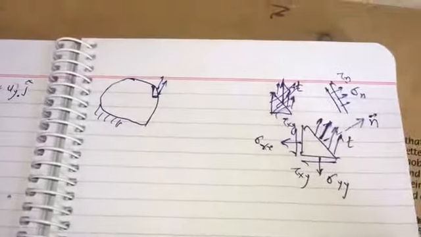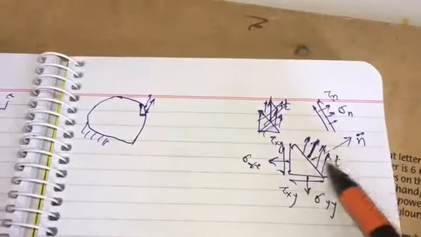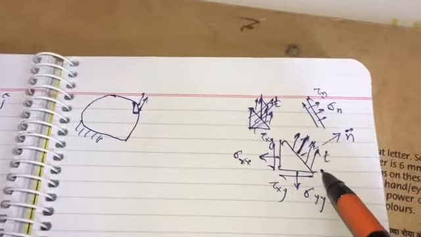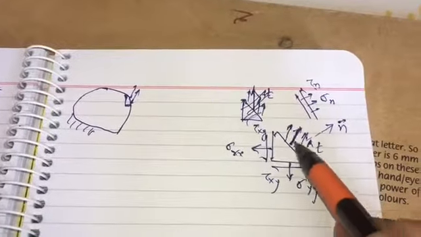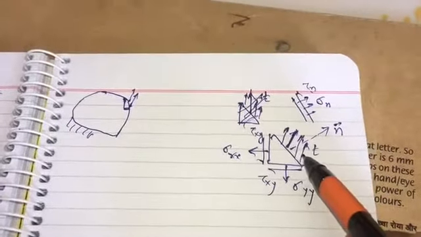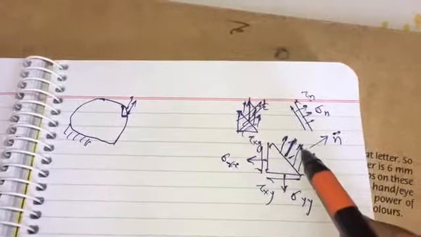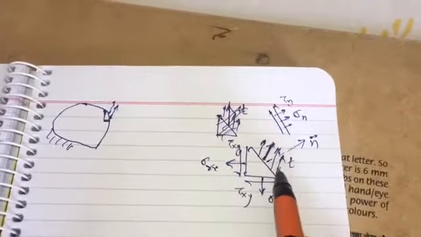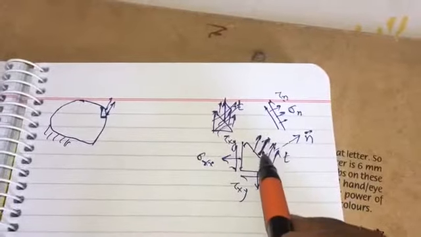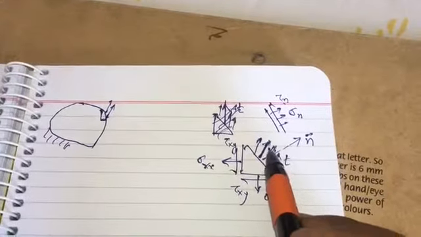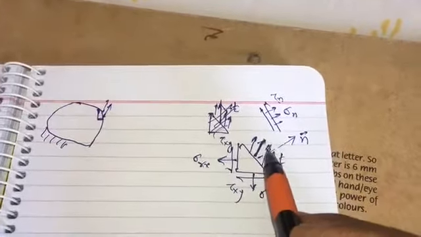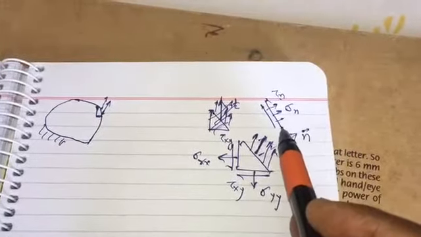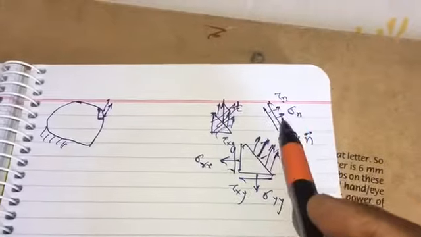Okay, if this is a traction which is applied, meaning the stress in a certain direction, a force per unit area in a certain direction, this will be the resultant of both normal stress sigma n and shear stress tau n on that surface.